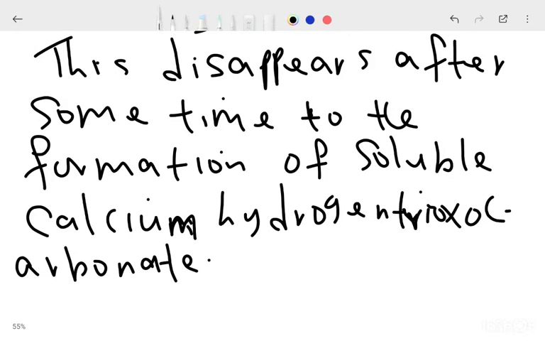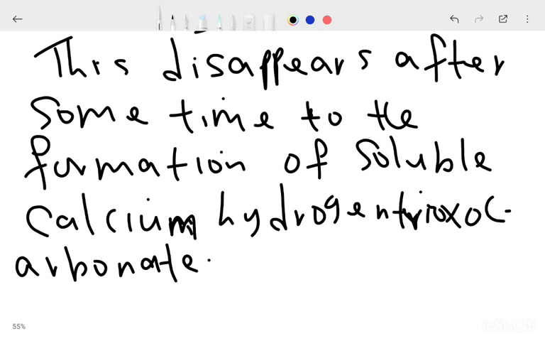Calcium trioxocarbonate(IV) is milky in color, and it will be formed first. Now it will disappear after some time to form soluble calcium hydrogen trioxocarbonate(IV).